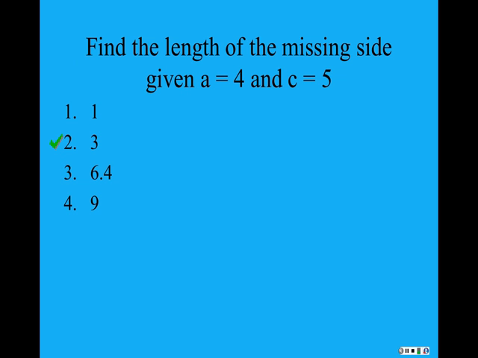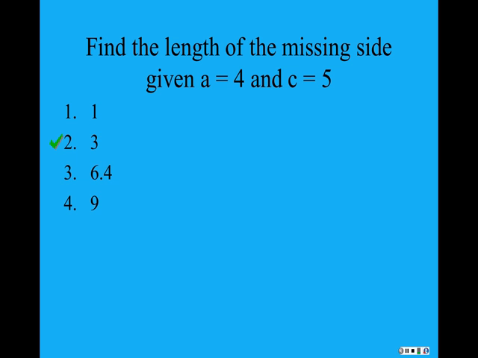What did they say C was? So in my formula, I know that A is 4 squared. I don't know what B squared is. And C squared is 5 squared. I'm just going to substitute. So what's 4 squared? What's 5 squared?